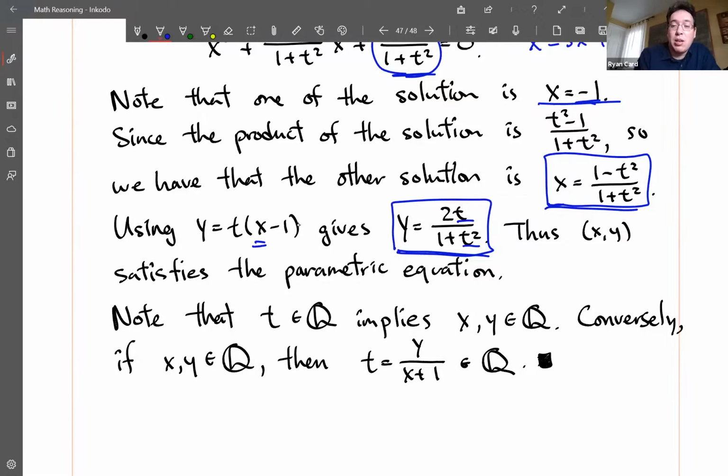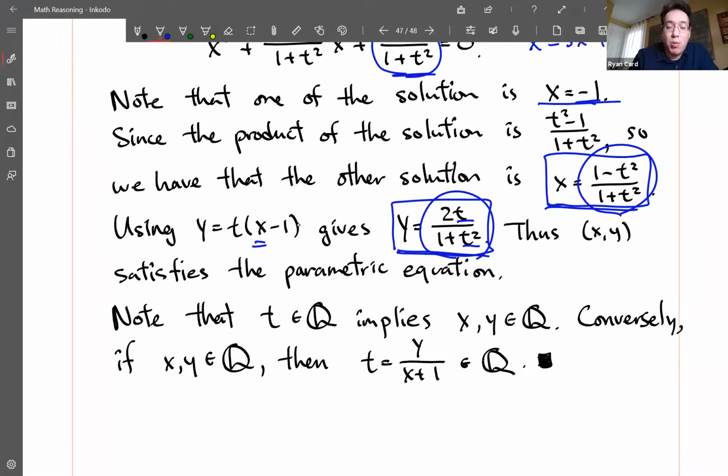So you create a new rational number by multiplying, dividing, adding, or squaring. It's still a rational number. And the same could be said over here as well. So if t is rational, then x and y, the coordinates of the points on the circle, are also rational.